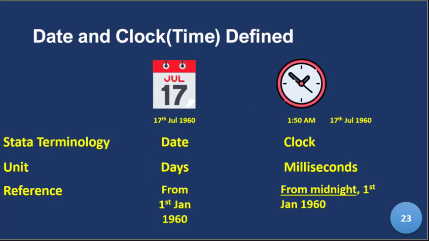So when I see -2 in a data set for date, it is actually referring to the 30th of December. 31st is -1, 30th of December is -2. It's 2 days away in the negative sense from January 1st, 1960. So that is very important.